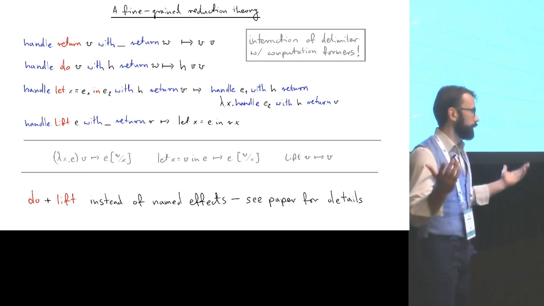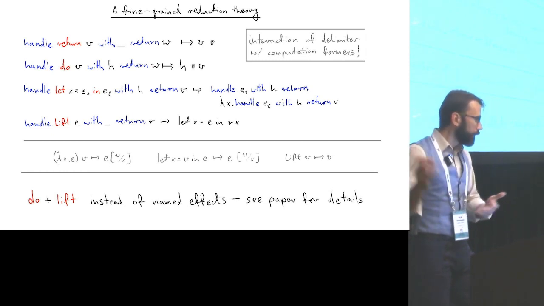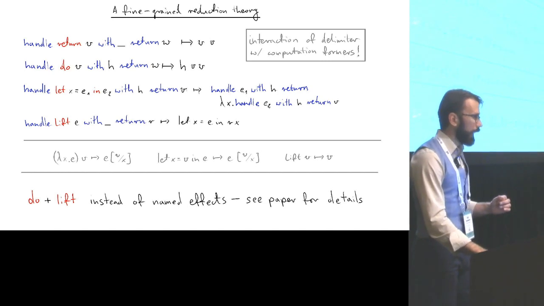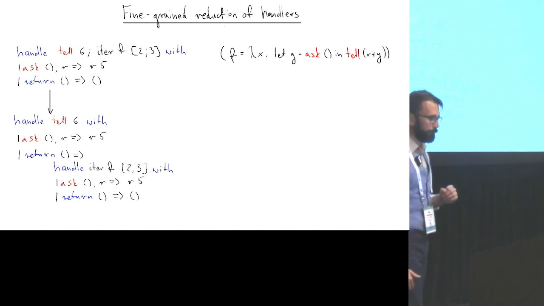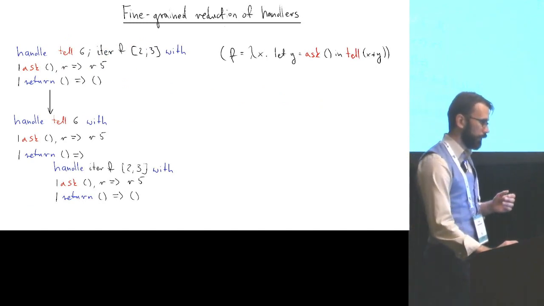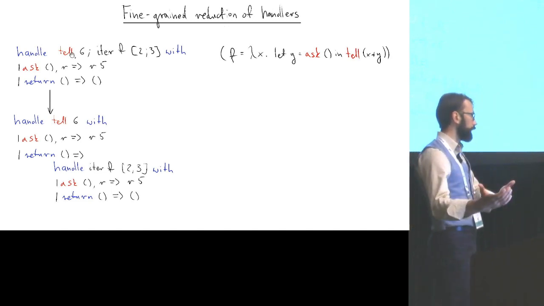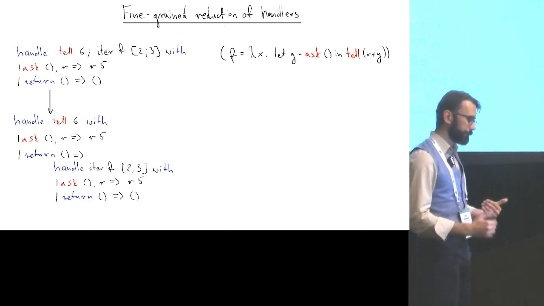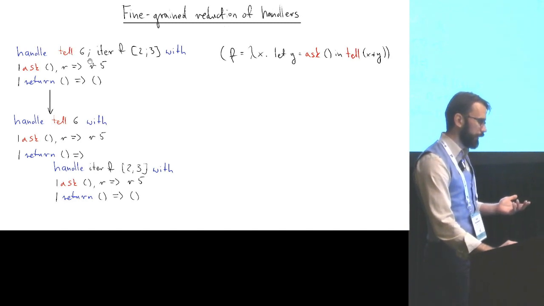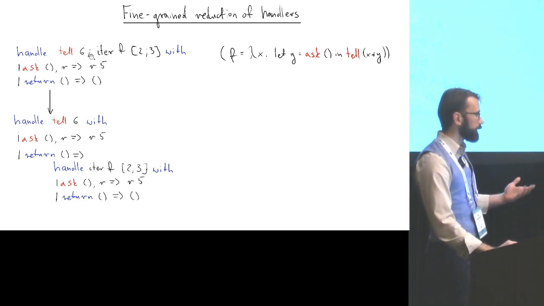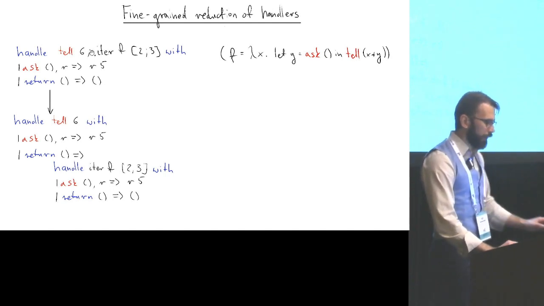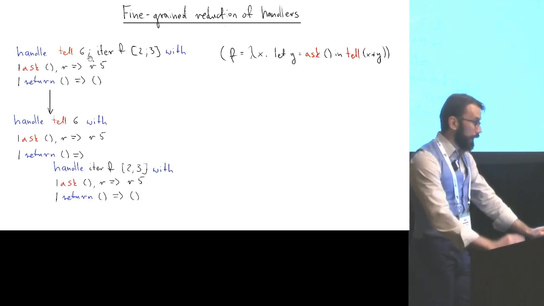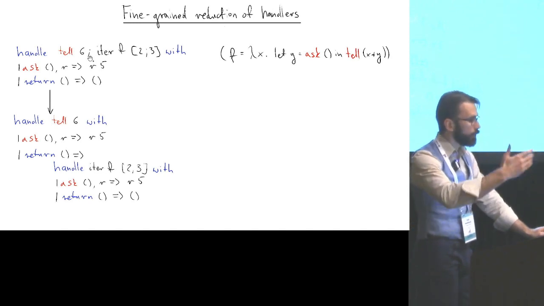For now, it's just a set of rules, and let's look at how it behaves if we start from the point where we got stuck last time. So this is the same computation we saw on the slide before, and here we see that we have an operation that doesn't match the handler. But it's not really in the evaluation position. We start with a sequencing operation, so there's a let somewhere, a little bit hidden by the semicolon. So what happens is the handler first interacts with the let and gets duplicated.